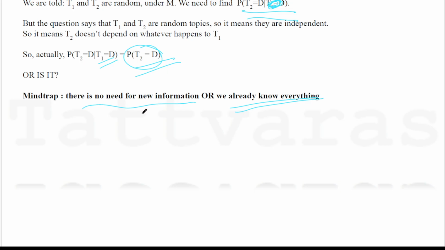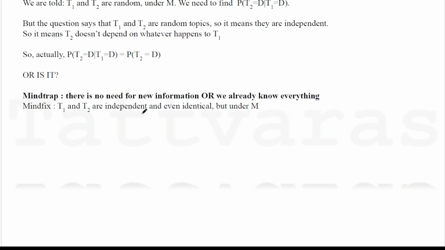That is the mind trap over here, and here's the mind fix. They are random, but they are random once they are fixed upon a certain variable m. And this is where it may seem not intuitive at all. There are some times when math seems very intuitive, but when it doesn't, when we are in doubt, notations can really help us understand what's happening.